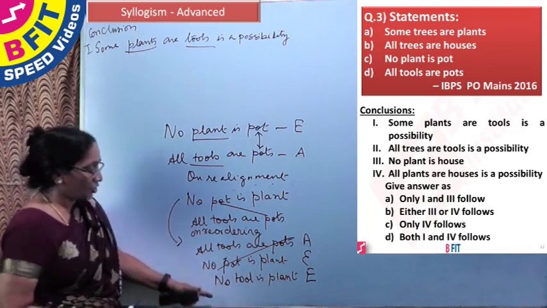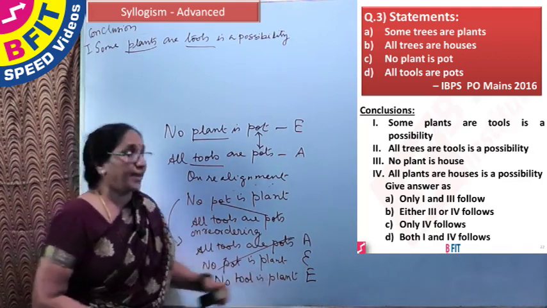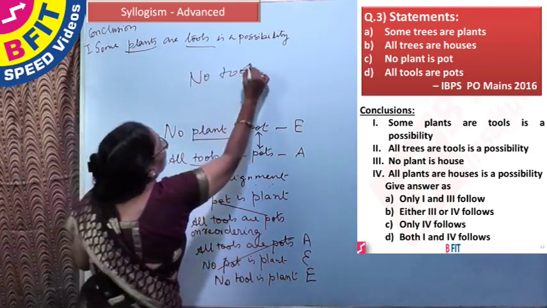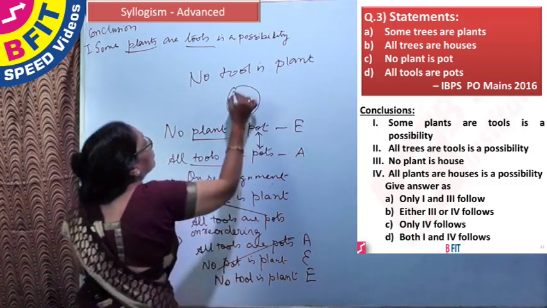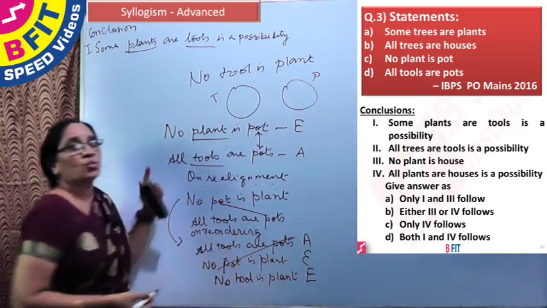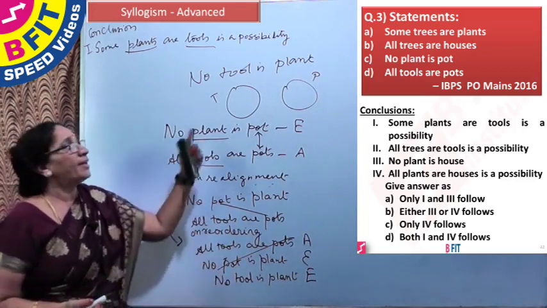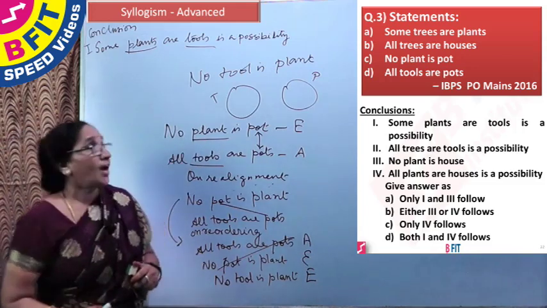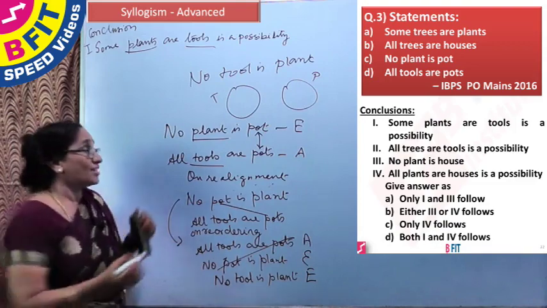For that, let us draw all the possible diagrams for no tool is plant. There is only one possible diagram for no tool is plant. From the diagram we can see that some plants or tools is not true, and hence some plants or tools is a possibility is a false conclusion.